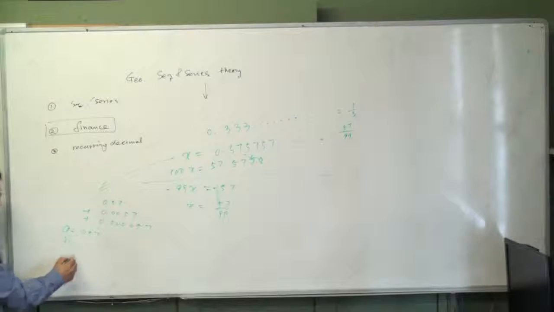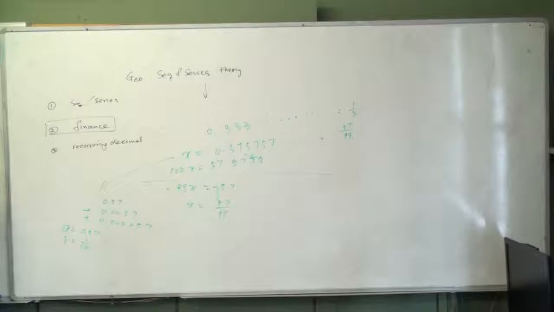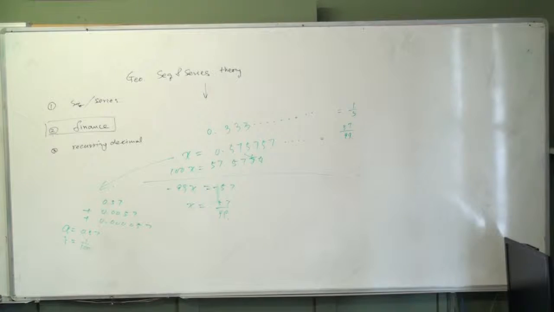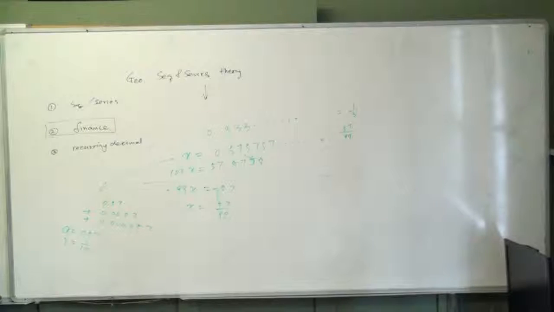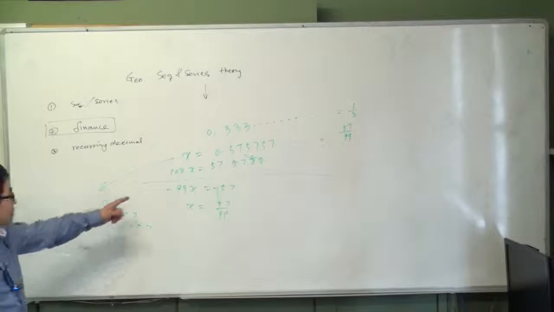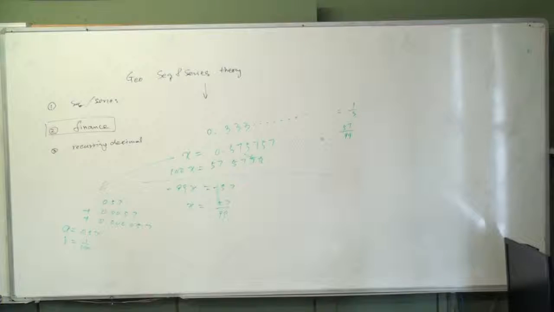What's the common ratio? 1/100. Then how many terms? How many terms, Eric? Oh, how many terms, Simon? Simon already did it. So how many terms are there? Infinite terms. So you put infinity.